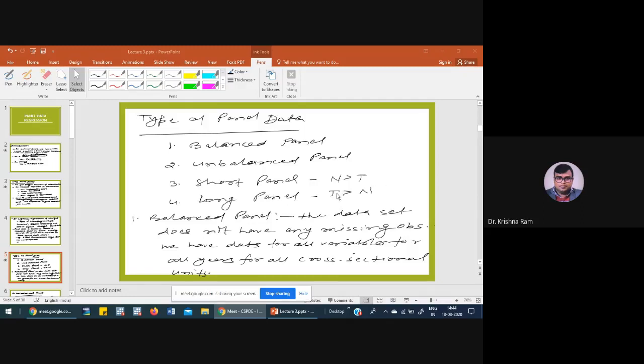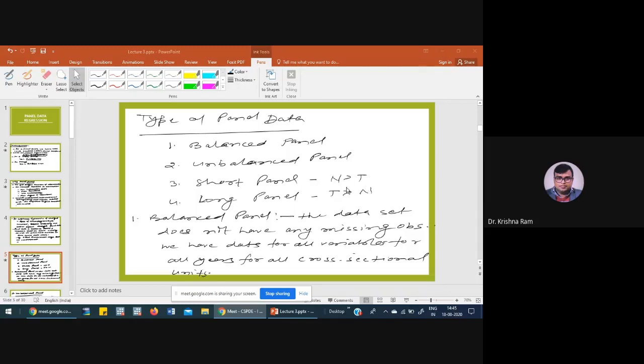A long panel is when the time period is greater than the number of cross-sectional units. Suppose you have 50 years of data, but the cross-sectional observations are only 10 or 20. In that case, we can say the panel data is a long panel.